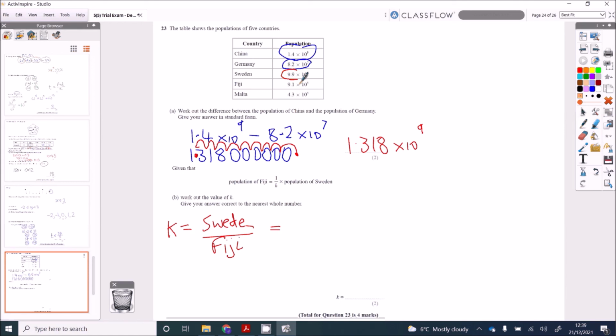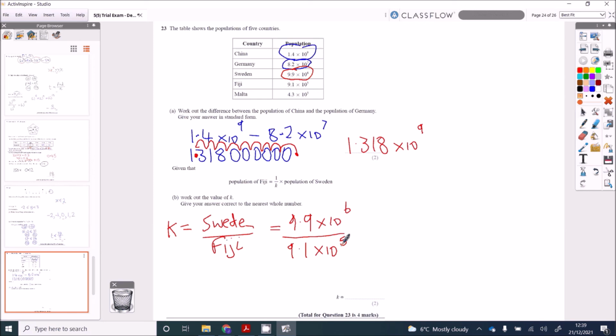And that makes it a lot easier to think about. So Sweden is 9.9 times 10 to the 6, and Fiji is 9.1 times 10 to the 5. So just pop that into your calculator. I would suggest you use the fractions button, that one third down on the left.